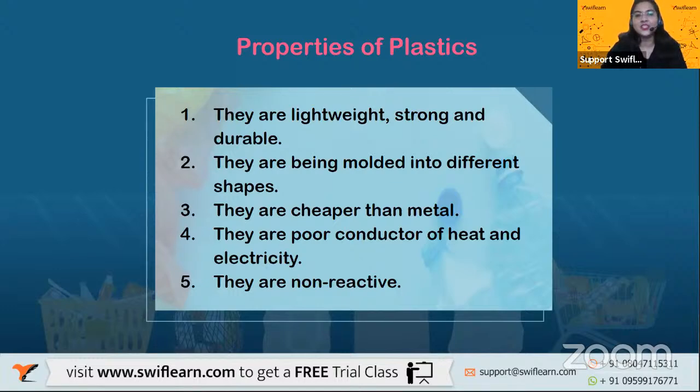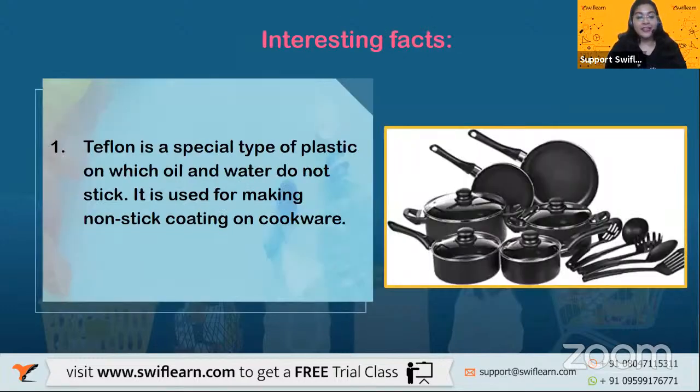Okay, chalo. A very interesting fact of plastic is Teflon, a very special type of plastic which is used to make different cookwares which are non-stick, having a non-stick coating that helps water or oil not to stick.